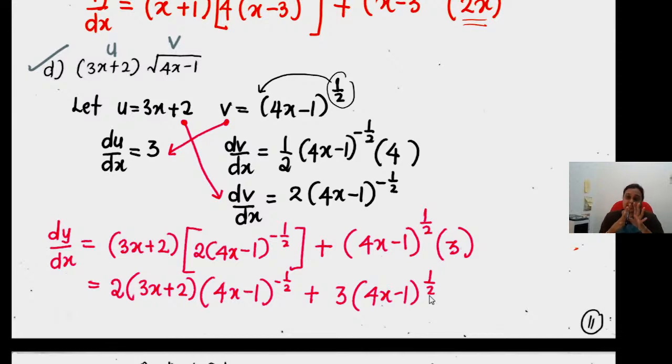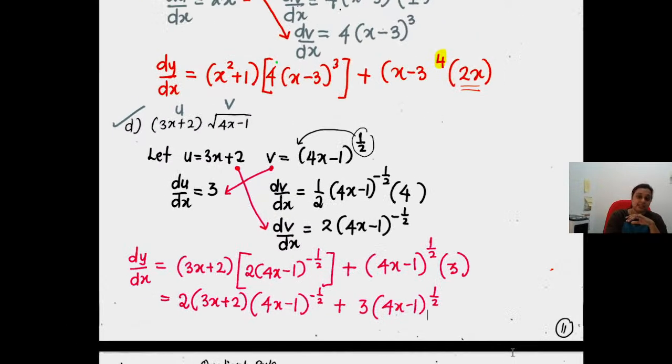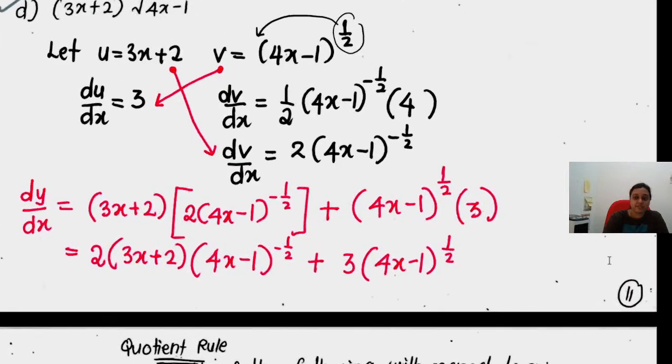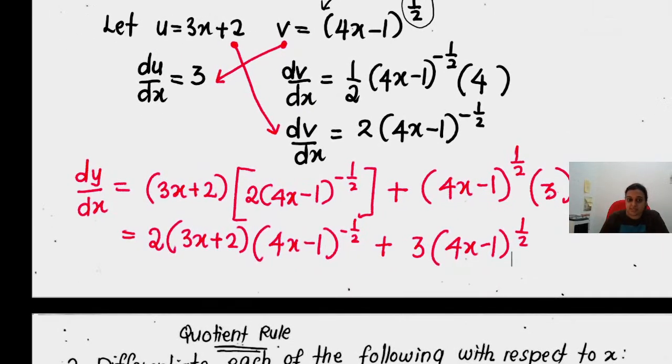From here only, this is where that method starts. What method starts? The method of factoring out. You need to be very confident which one you're going to factor out. See carefully. Here got number 2, here got number 3. Are they common multiples or not? No, because 2 and 3 are not common. Don't have, right?